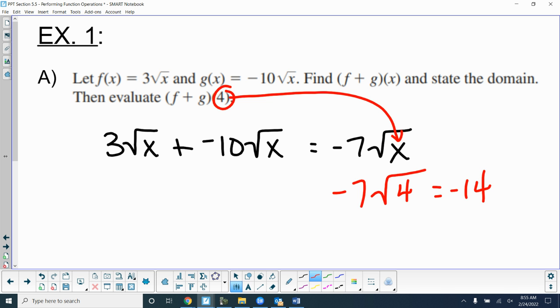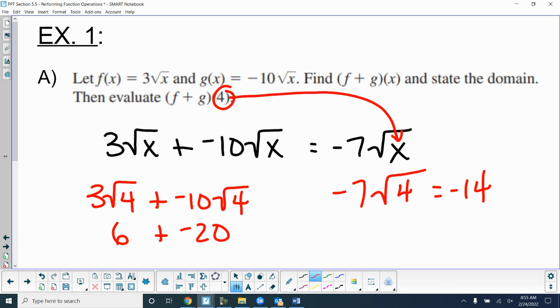If you wanted to, you could do 3 times the square root of 4 plus a negative 10 times the square root of 4, which would be 2 times 3, and negative 10 times 2 is 6 plus a negative 20, negative 14. I think it's easier to add them first and then plug in, but some of you might think it's easier to plug in first and then add. Either way is acceptable. Okay?